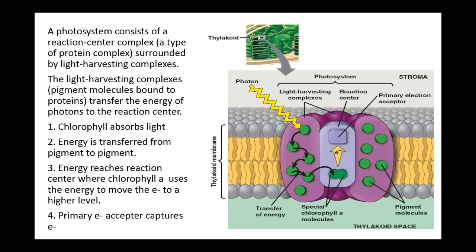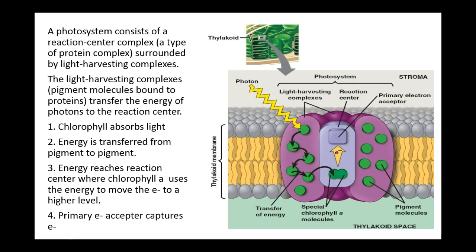Remember, if it grabs it, it's going to be very, very unstable. So it transfers the energy, which eventually gets transferred to a portion of the reaction center, where you find the chlorophyll A molecule. That's a special chlorophyll, the pigment that can actually capture that energy and uses it to move an electron to a higher level.